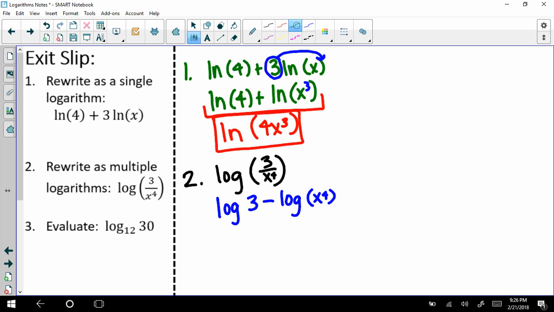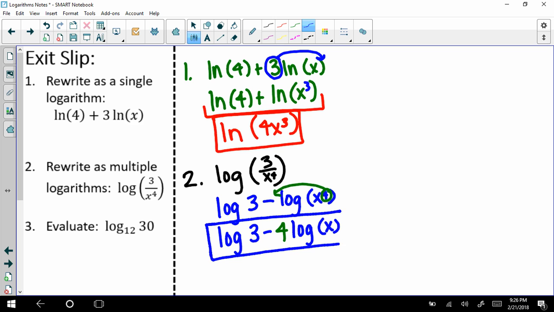Well, there's also another thing we don't like: we don't like to have this exponent here. When you're writing as many logs as you can, we have to put that in front. So that means we have log 3 minus, and that 4 exponent is now multiplied in front, and then you have log x. So that's your expanded version. That's as far as you can go.